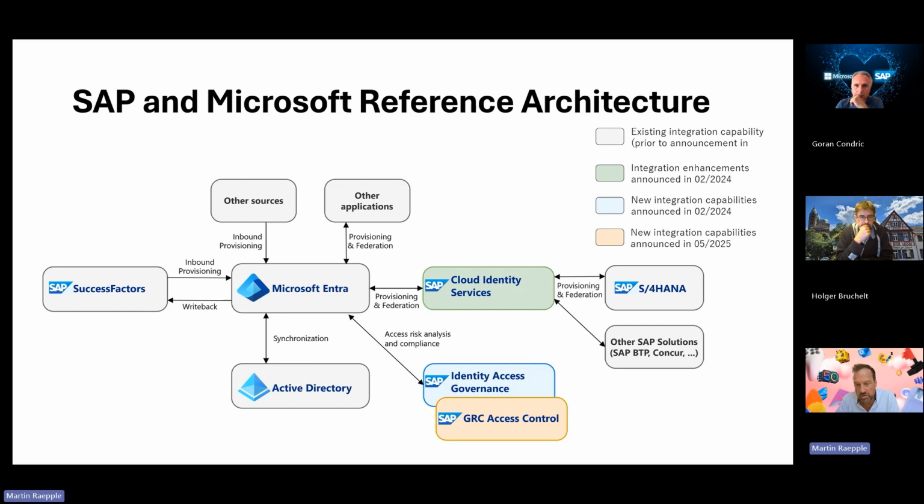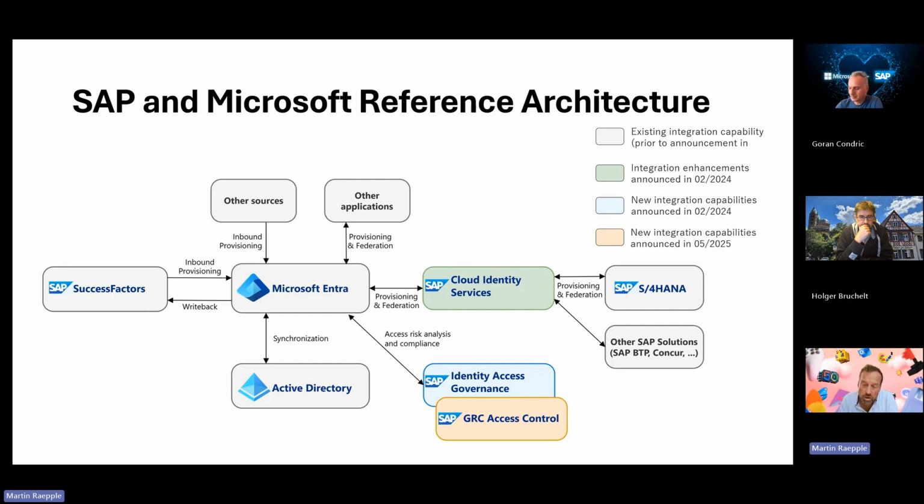The reference architecture gives us here the guidance to integrate those solutions with Cloud Identity Services. And the interface between Entra and Cloud Identity Services already existed even before the collaboration on Cloud Identity and SAP IDM migration was announced.